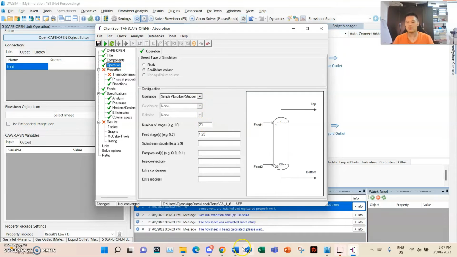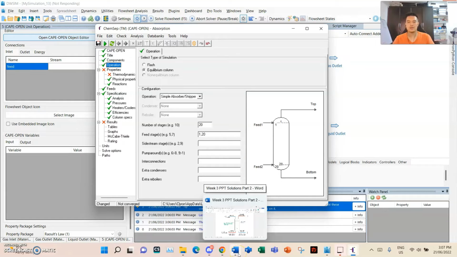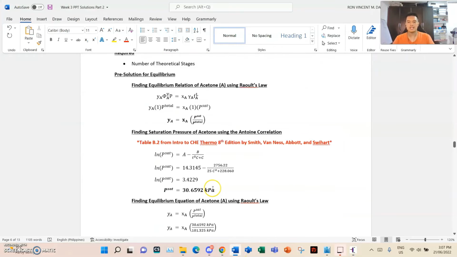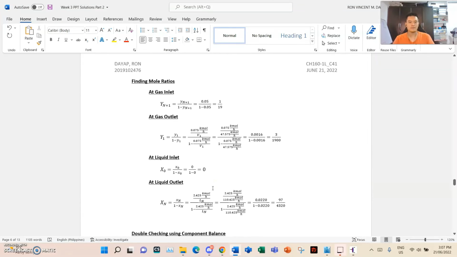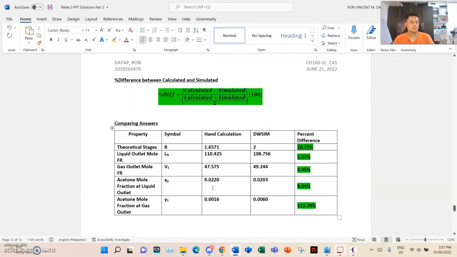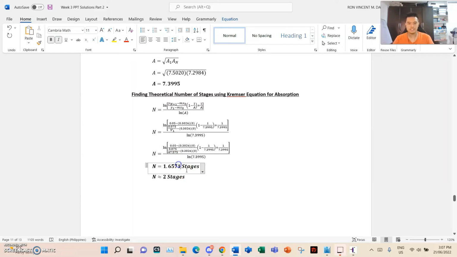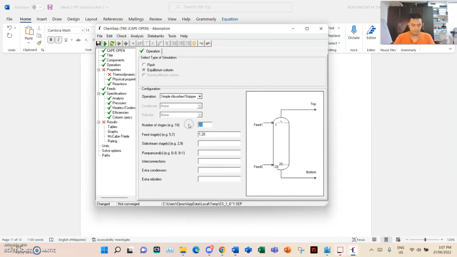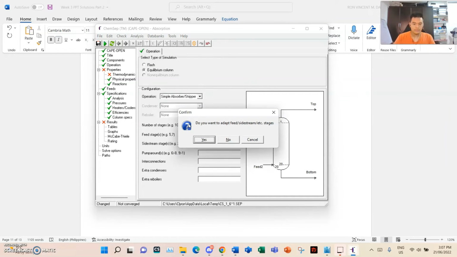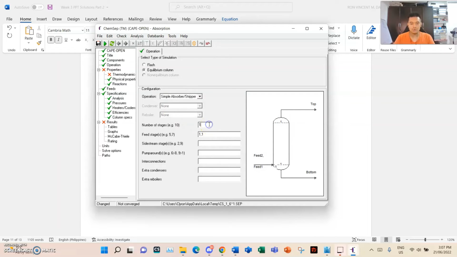Title, components, none, operation, simple absorber stripper, number of stages. This is the reason why I needed to calculate the problem by hand first, before the simulation. By hand calculation, I calculated that the number of stages needed is 1.6571. So I put here 1.6571, and it will adapt to 1.